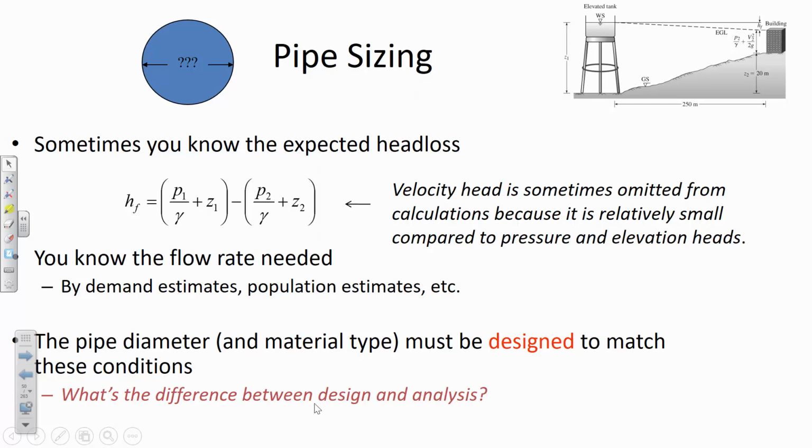The difference between design and analysis is that in analysis, you're just finding out how much of something there is, or what the pressure will be in a certain scenario, whereas design is iterative and you're having to optimize. And the optimum solution is one that just barely meets the requirements.